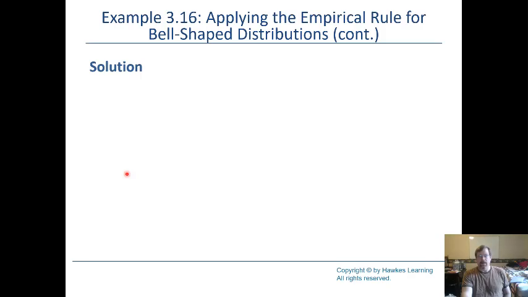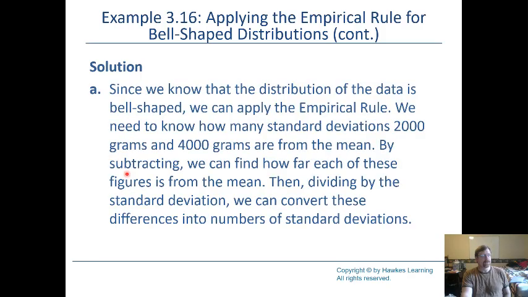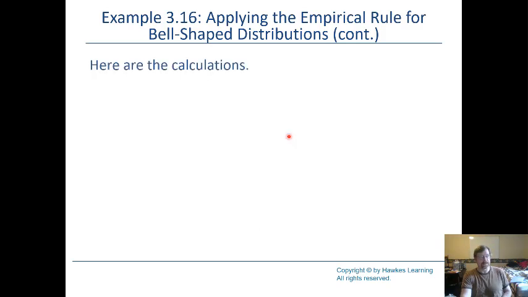I think we already went over these solutions, so I'm not going to spend a lot of time with their wording for the solution. They're doing just what I did, finding what the difference is between these values and the mean, and then dividing it by the standard deviation to convert it to a number of standard deviations.